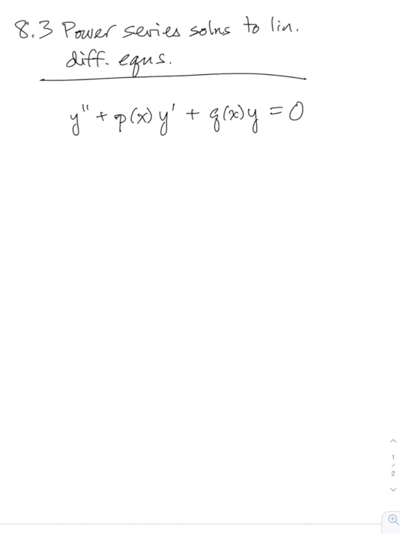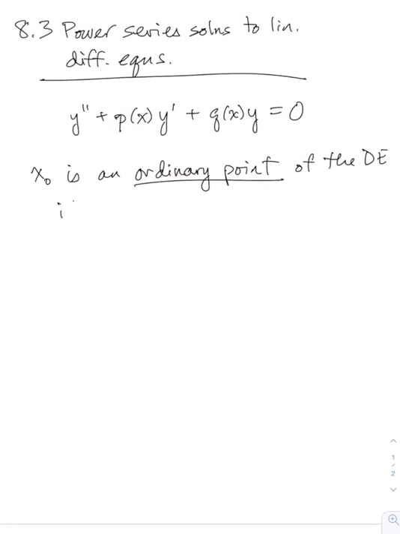And if you have a homogeneous linear second order differential equation in standard form, and it's part of an initial value problem, then you want to look at your x0 in this initial value problem. And we say that x0 is an ordinary point of the differential equation if the functions p and q are analytic at that point.